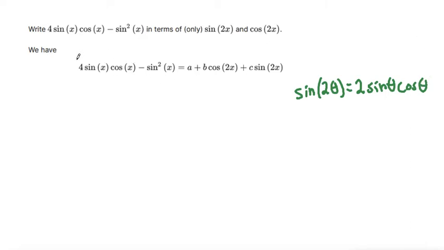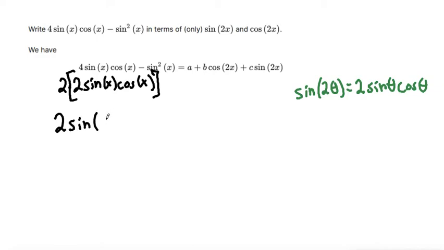So this first part, if we first write it as 2 times, and then 2 sine x cos x in a bracket, since this part is this formula, we can replace all of this with sine of 2x. So that will give 2 sine 2x and then minus sine squared x.